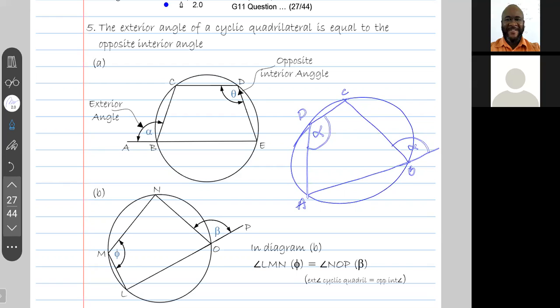So 4 says opposite angles of a cyclic quadrilateral are supplementary, meaning that they add up to 180 degrees. And 5 says the exterior angle of a cyclic quadrilateral is equal to the opposite interior angle.